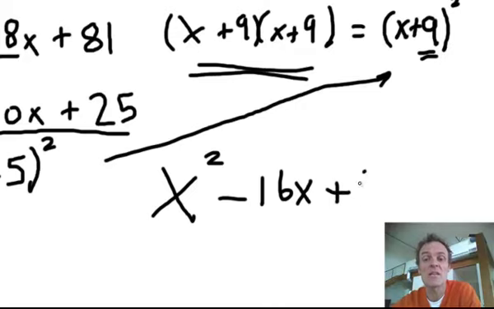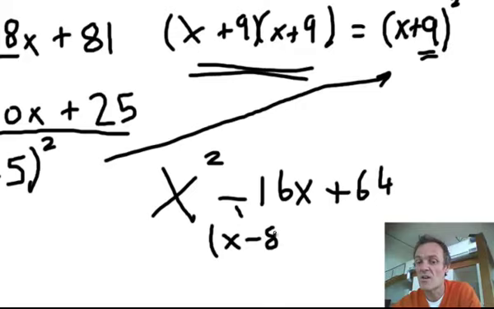When I square it, I get 64. But this will become x minus 8, I know it's a minus because that's a minus, and I know it's 8 because that's half of 16, and it's all of that squared. And you try it: x minus 8 times x minus 8 is x squared minus 16x plus 64. So look for patterns, look for shortcuts, okay?